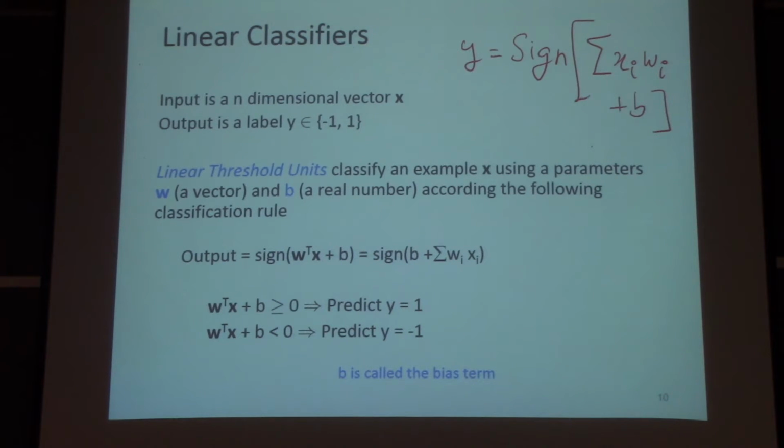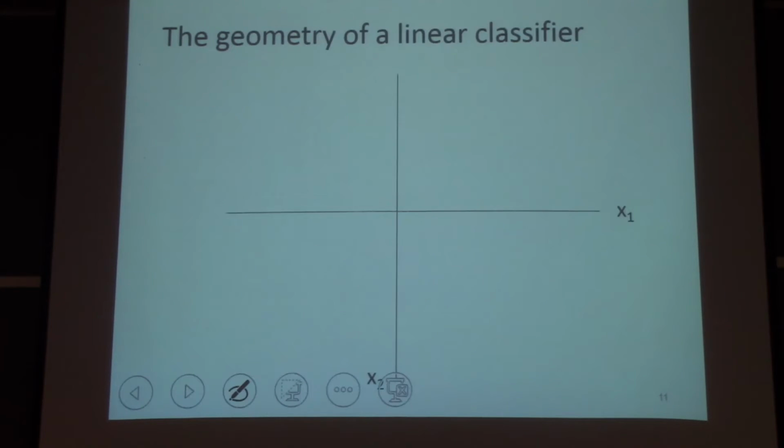Let's look at the geometry of this. This is how I like to visualize linear classifiers. You have some space, x1, x2, with features x1 and x2, and your inputs are points in the space.